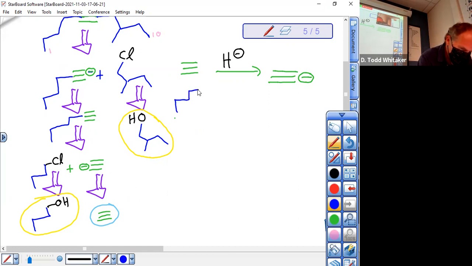I haven't put them on there yet. I'm starting down here. This is the start of the synthesis, the end of the retrosynthesis. Okay. And let's put a divider between these so we don't get confused here. And this OH needs to become a Cl.